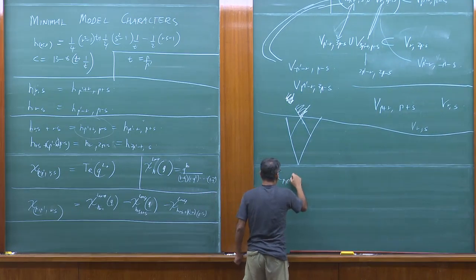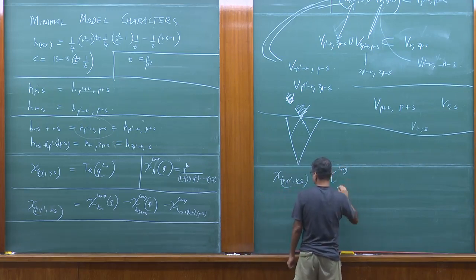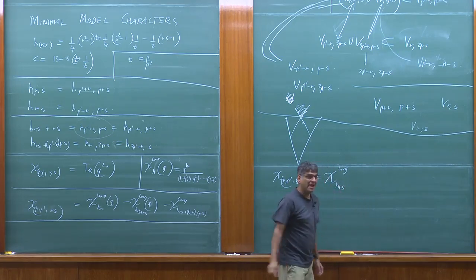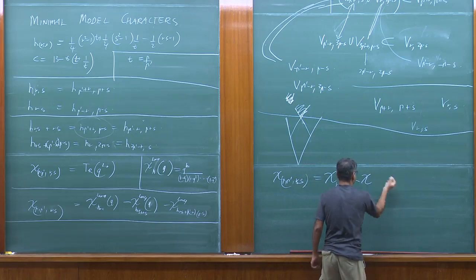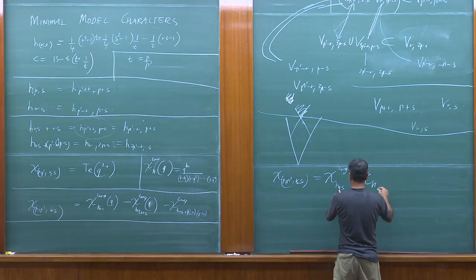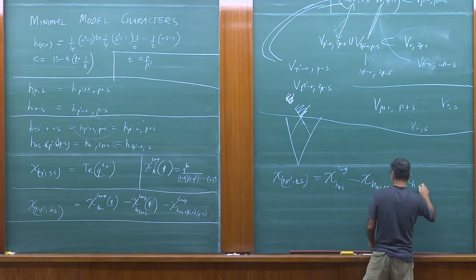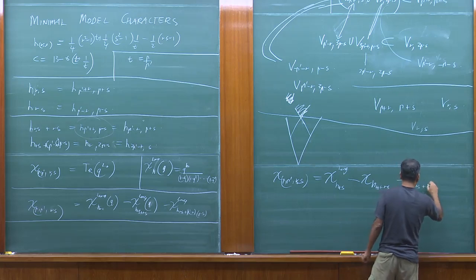Chi p prime rs is equal to chi long h rs minus two characters. This will be at h rs plus h rs plus rs, and minus the character at h rs plus p prime minus r p minus s.